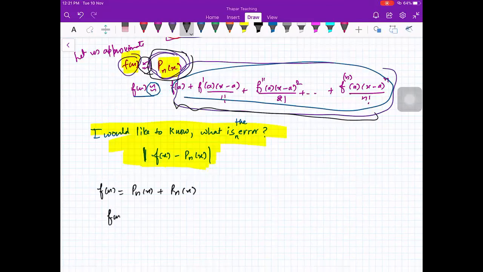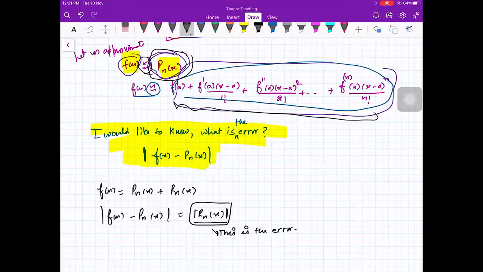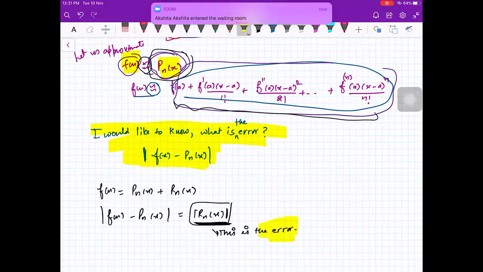So mod of f of x minus Pn x will be equal to mod Rn x, right? So this is the error. You have to just find its value, mod Rn x, that will be your error. Is that okay? We will be doing some problems and from there it will be clear to you what exactly I am saying.